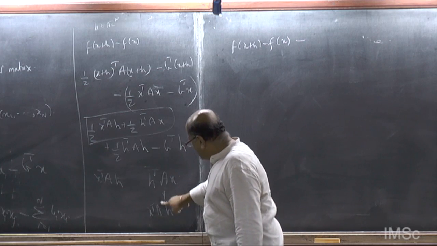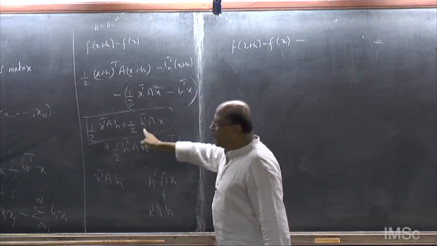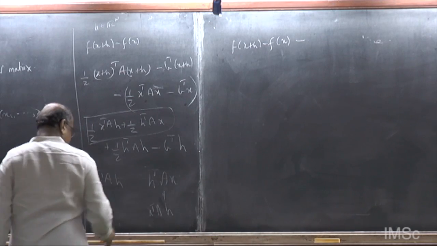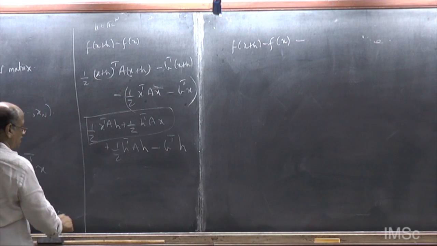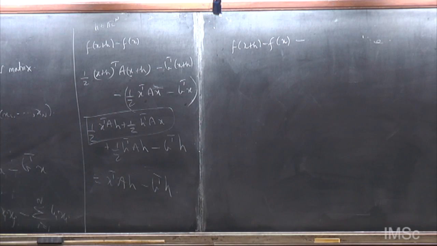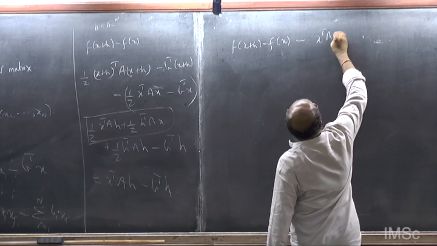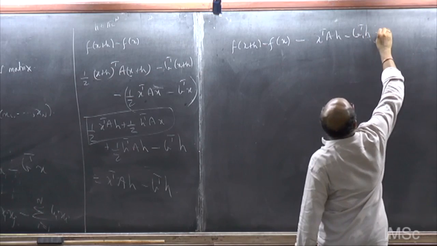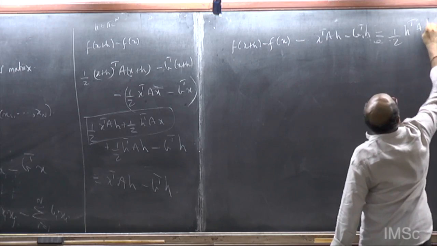But then A transpose is the same as A, because A is a symmetric matrix, so it is the same as this. So 1/2 plus 1/2, this can be written as, agreed? Okay. So now I will write this as x transpose Ah minus B transpose h equal to 1/2 of h transpose Ah.